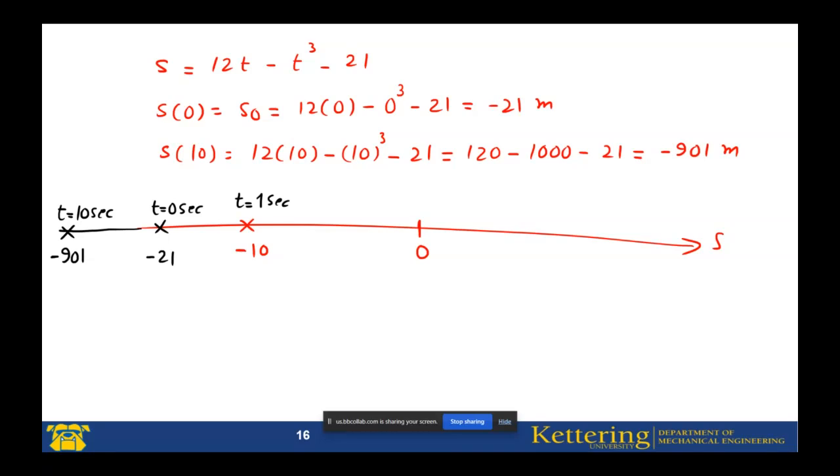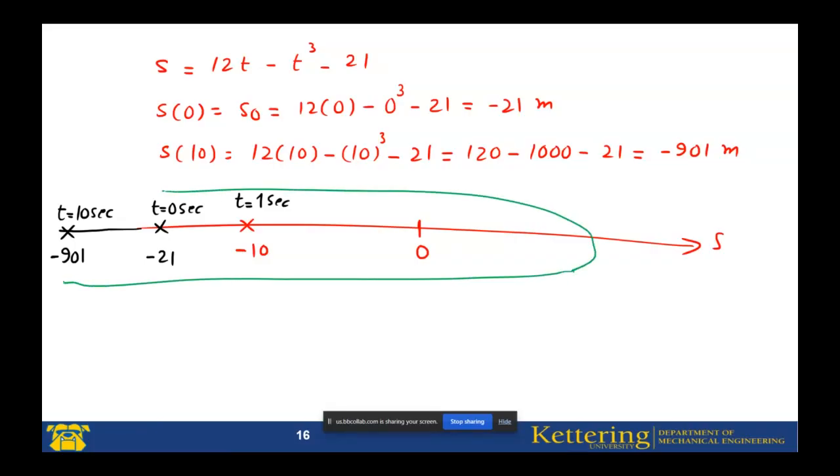This particle started from here, went somewhere, then returned back to here. This is the track of this particle.